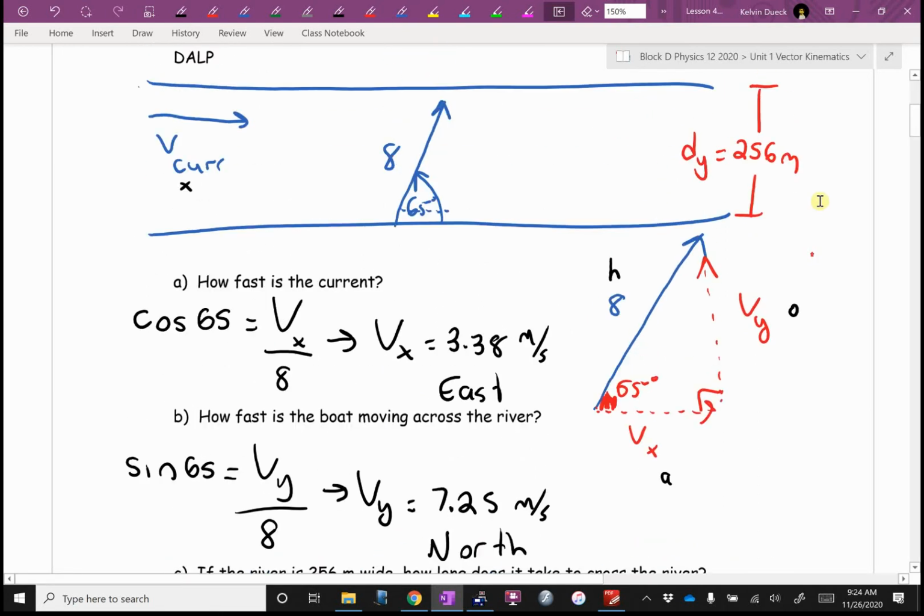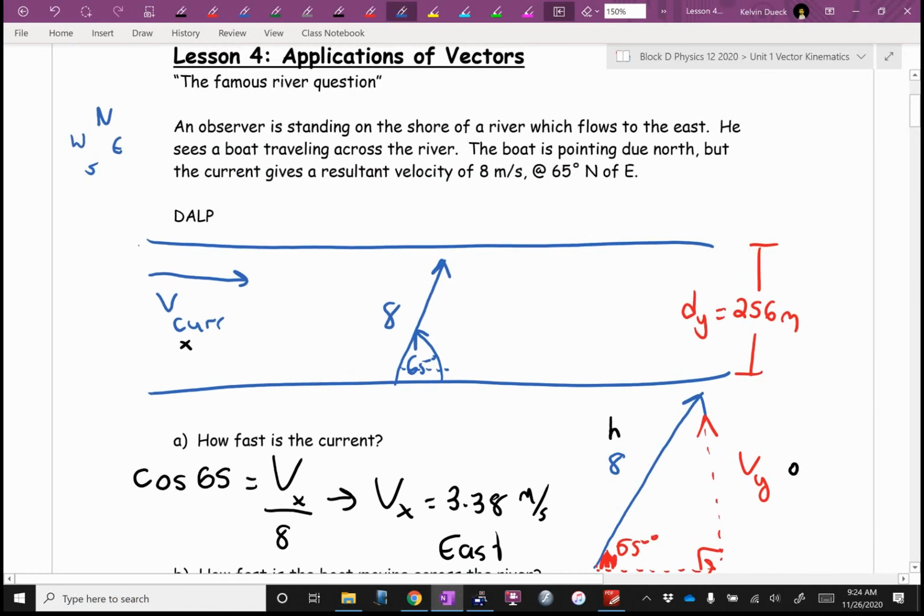Which is, I would measure straight across in a vertical direction, in a north-south direction. Yes? No, it's not. I'm not traveling 256 meters this way.